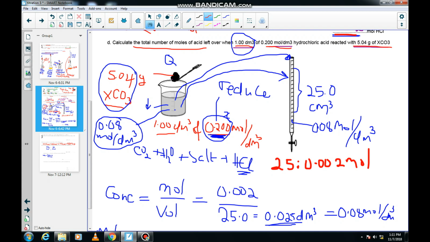Therefore, 1 decimeter cubed, which is 1000 cubic centimeters, will contain how many moles? Then you do cross multiplication.